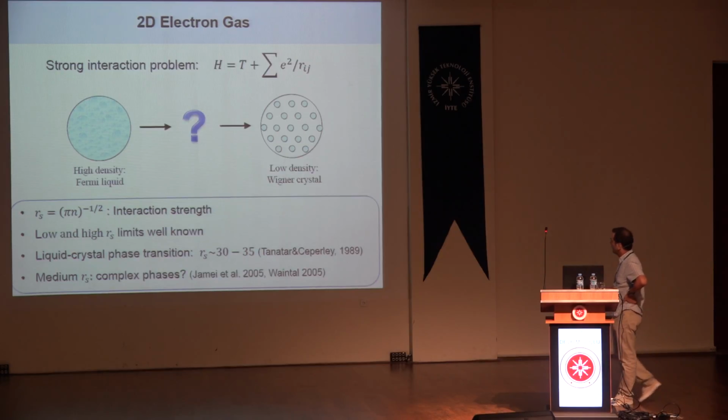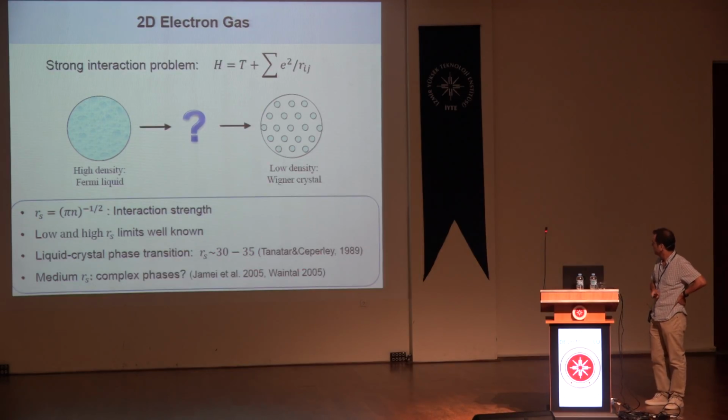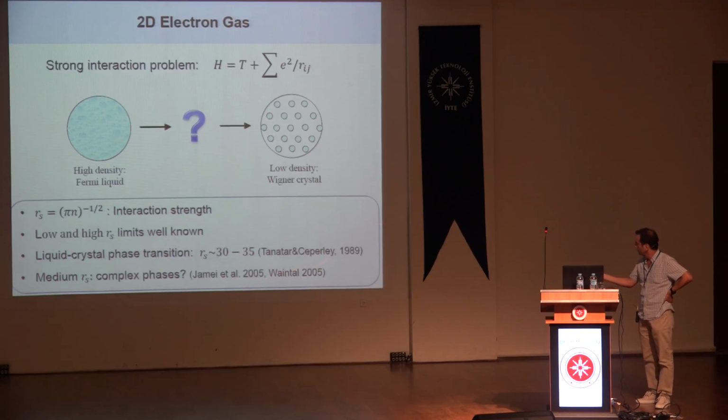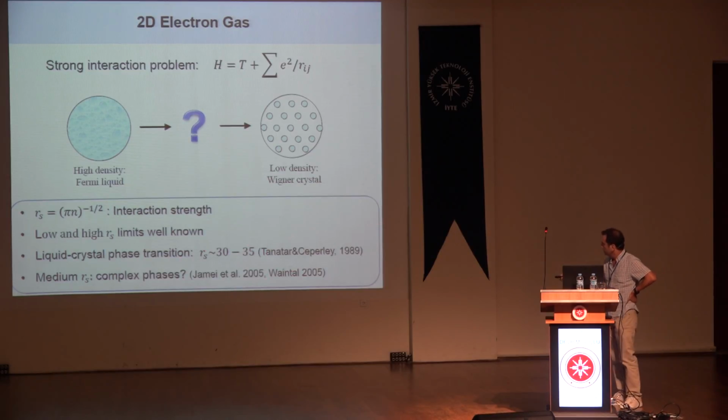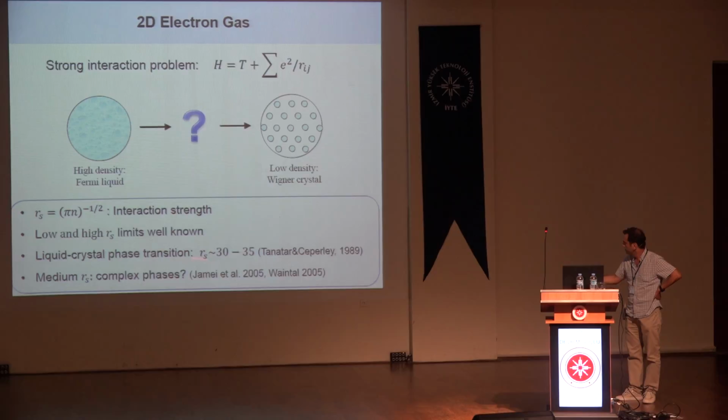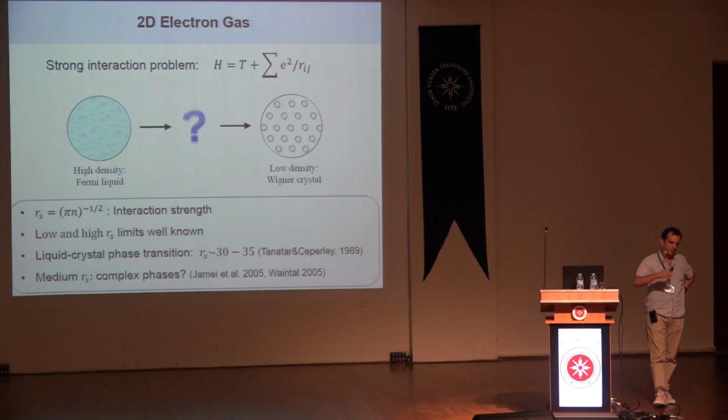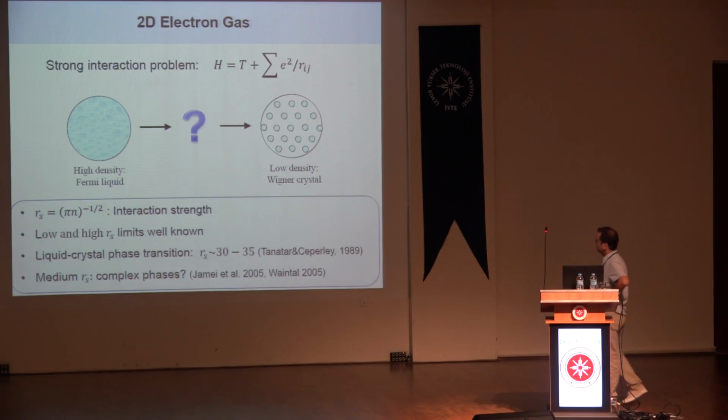And this was first done by Bilal Hoca in 1989 in this very famous paper. And this liquid to crystal phase transition, they found that it happens at an interaction strength defined here, around 30-35. So this interaction strength basically gives you the ratio between the interaction energy and kinetic energy.